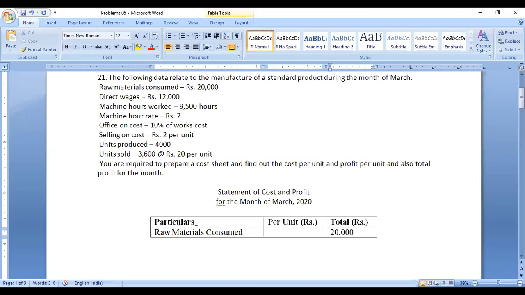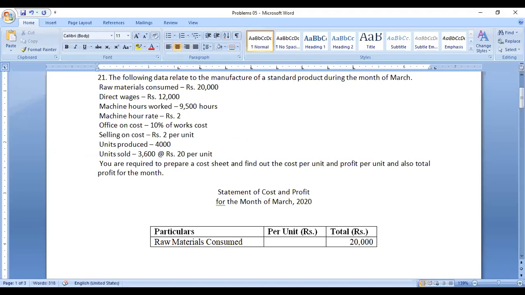Now we have to calculate the units produced for this cost of materials. It is given that the units produced are 4,000.